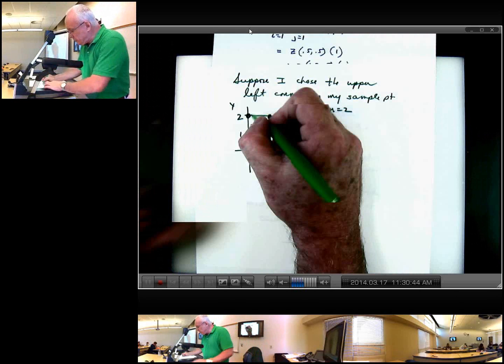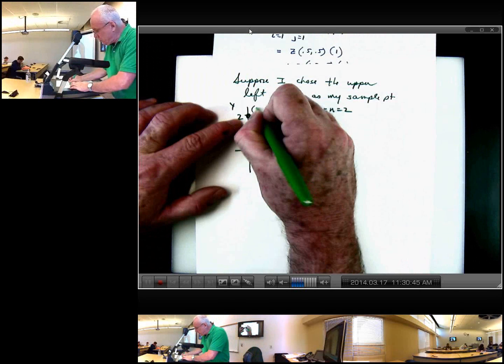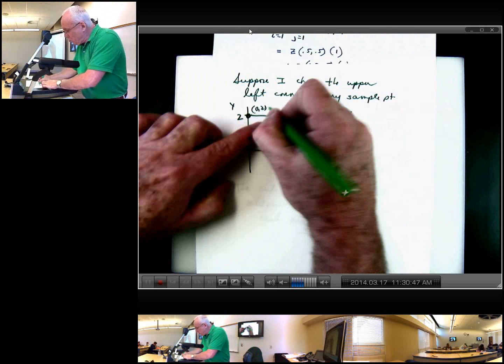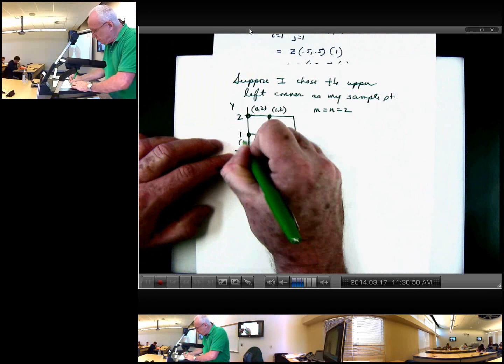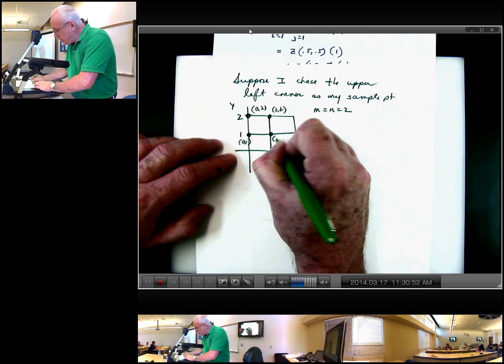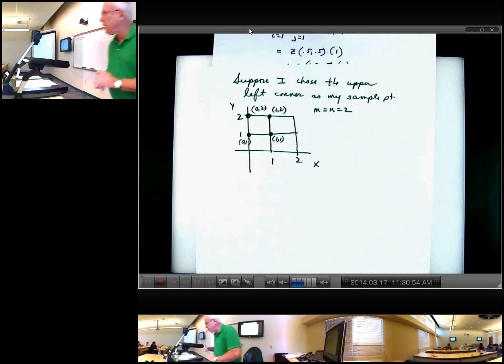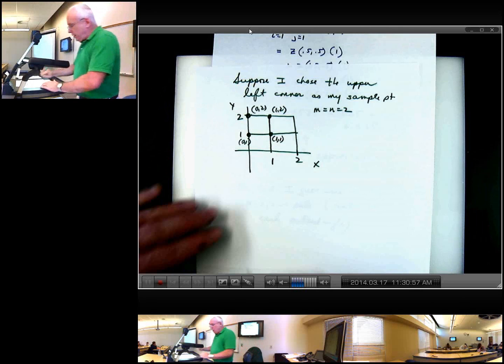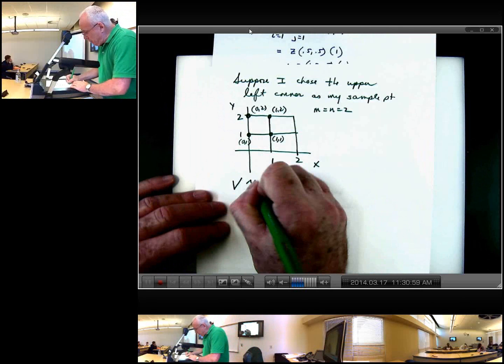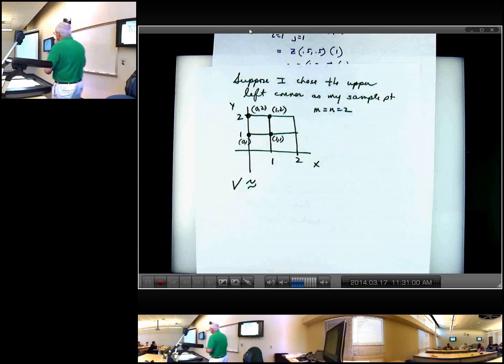So what is this? This is (0, 2), (1, 2), (0, 1), and (1, 1). Okay. All right. So then I'm now going to approximate the volume using those sample points.